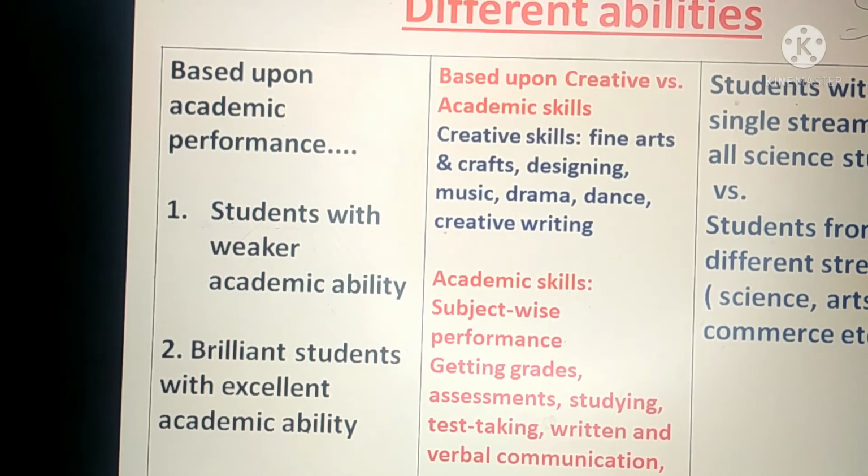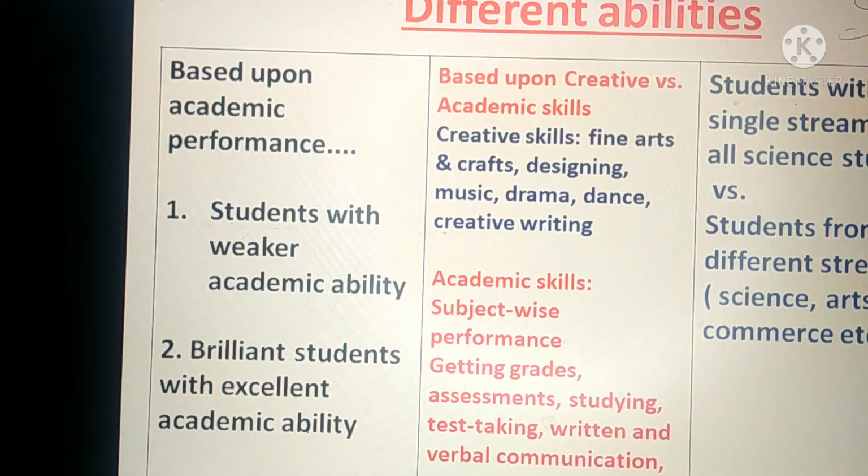Second, there could be one student who understood from this statement that I have to make a comparison on the basis of creative versus academic skills. There are some students who have good academic skills, as I mentioned earlier: subject-wise performance is good, they are getting good grades, they are making assessments properly, they are studying, etc. Or I have to compare with those students who have different abilities, such as being quite creative, means they have creative skills such as fine arts, crafts, designing, music, drama, dance, or creative writing.